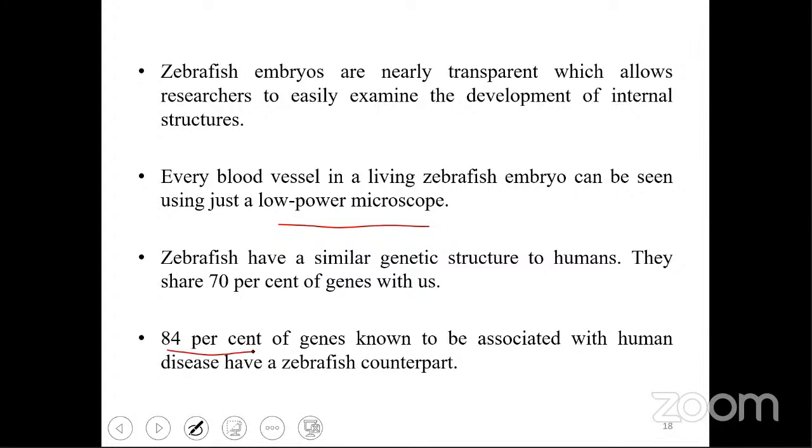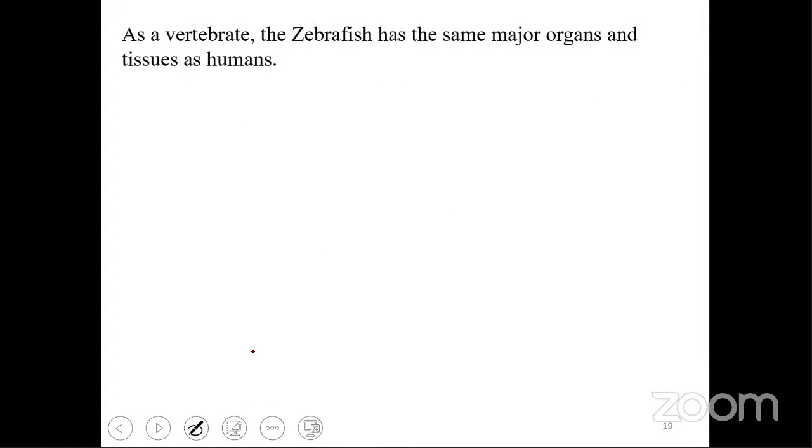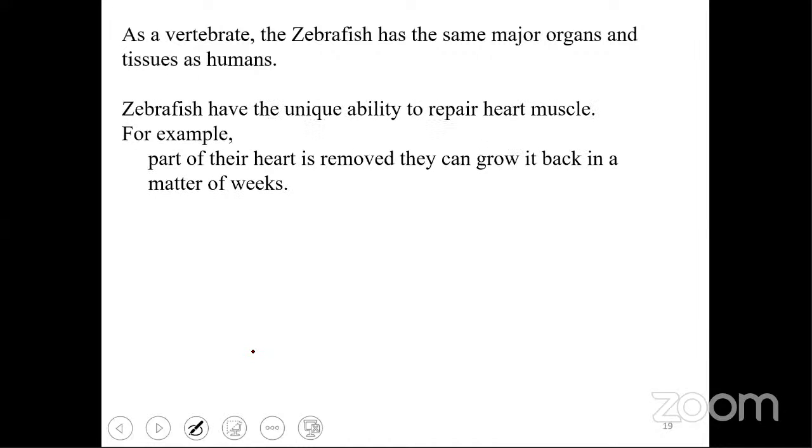Make a note very clearly here, nearly 84% of genes known to be associated with human disease have a zebrafish counterpart. In addition to that, as a vertebrate, the zebrafish has the same major organs and tissues as humans. There is a slight difference, that's it.